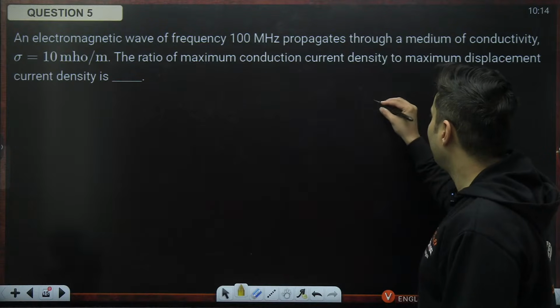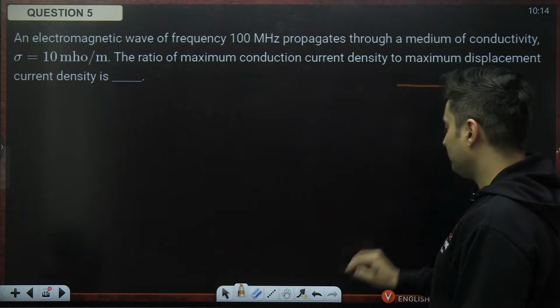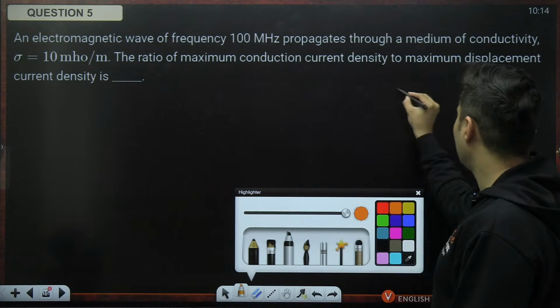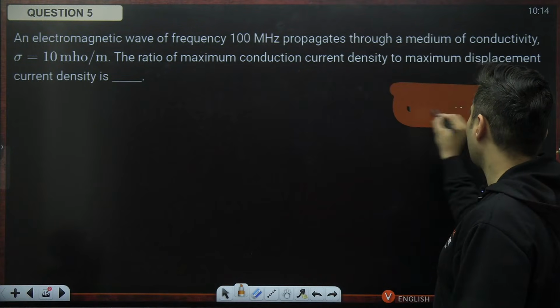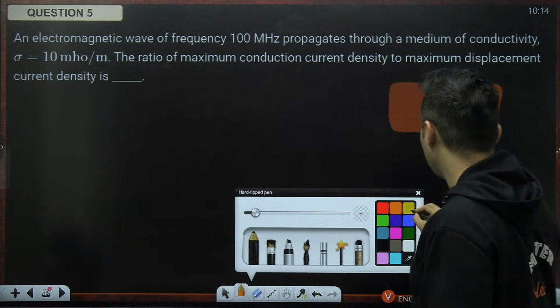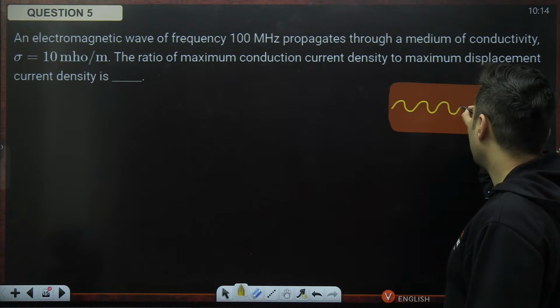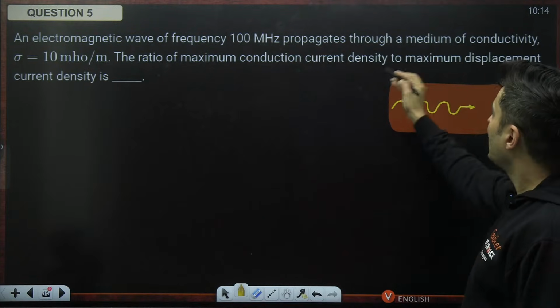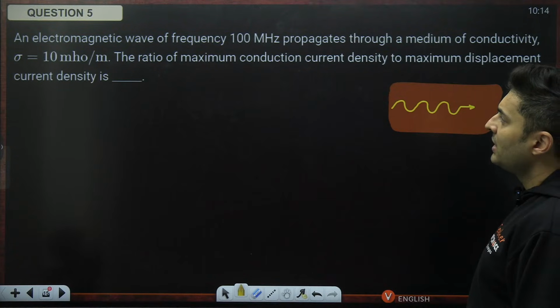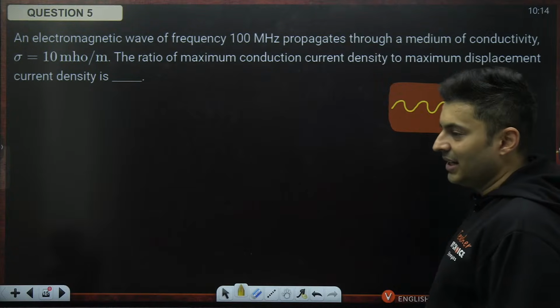See, if there is some kind of a medium, and in this medium our electromagnetic wave is propagating through that medium, then the ratio of the maximum conduction current to the displacement current.